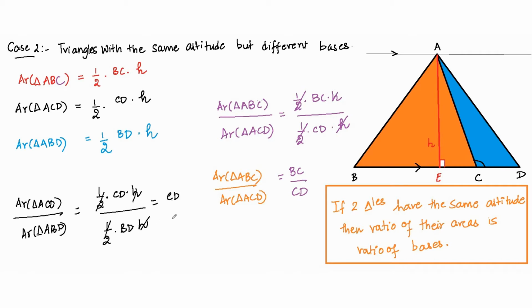Therefore, this ratio is CD upon BD, right? So ACD is the blue triangle and ABD is the whole triangle, if you notice. So the ratio of the area will be the base of ACD, which is CD, divided by the whole triangle's base, which is BD. So this gives us the ratio of their areas.